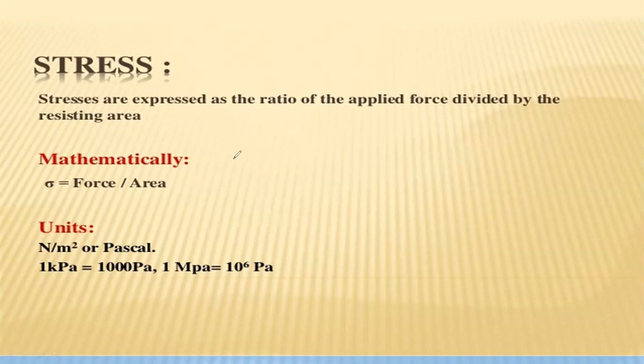That is the formula, and those are the units. 1 kilopascal is equal to 1000 pascals, and 1 megapascal is equal to 10 power 6 pascals.